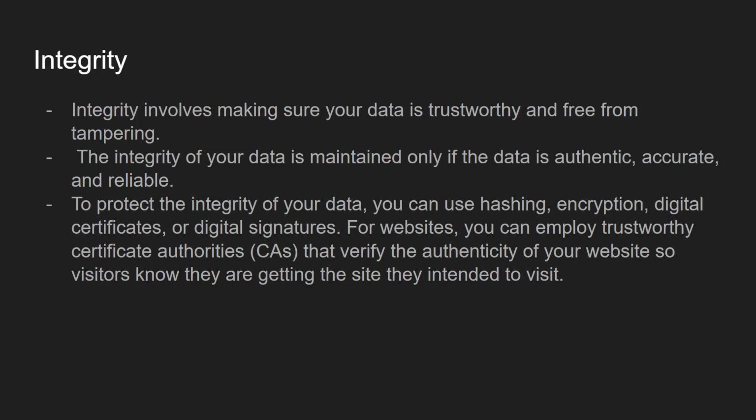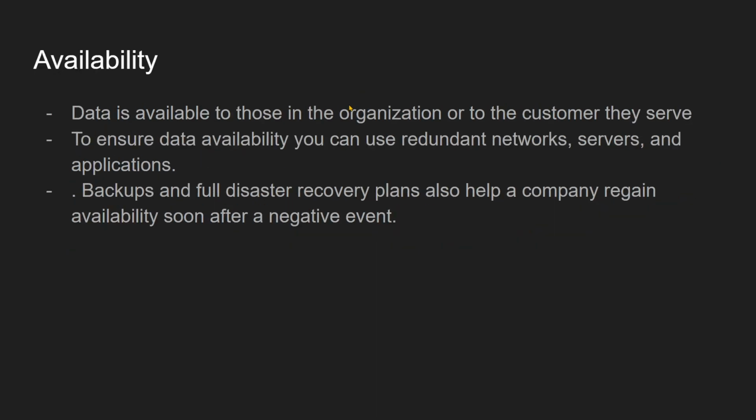That's one way. And finally, we have the very last thing, which is availability. With availability, you have to make sure data is available to the organization or to the customers that the organization is serving. To make sure that our data is available, we could have redundant networks, servers, or applications.